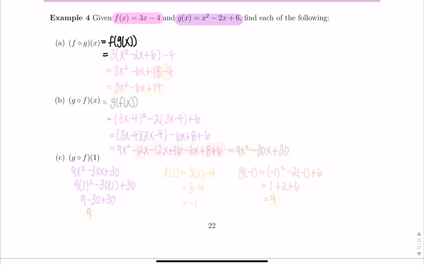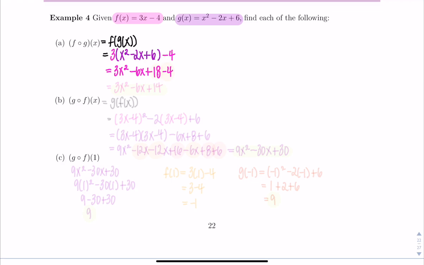So we have 3x, but where x is, I'm now plugging in g. So x squared minus 2x plus 6, minus 4. Now we just want to distribute and then simplify. So we have 3x squared minus 6x plus 18 minus 4.